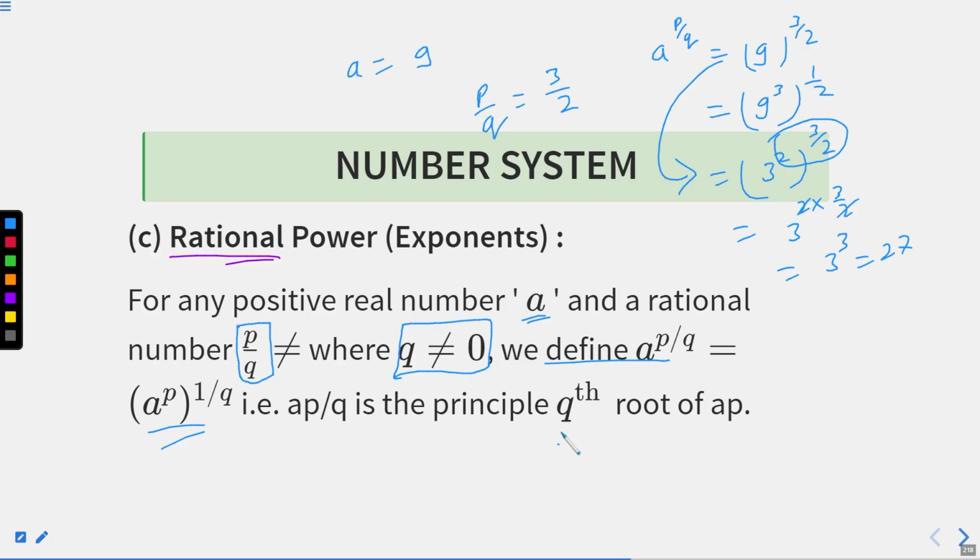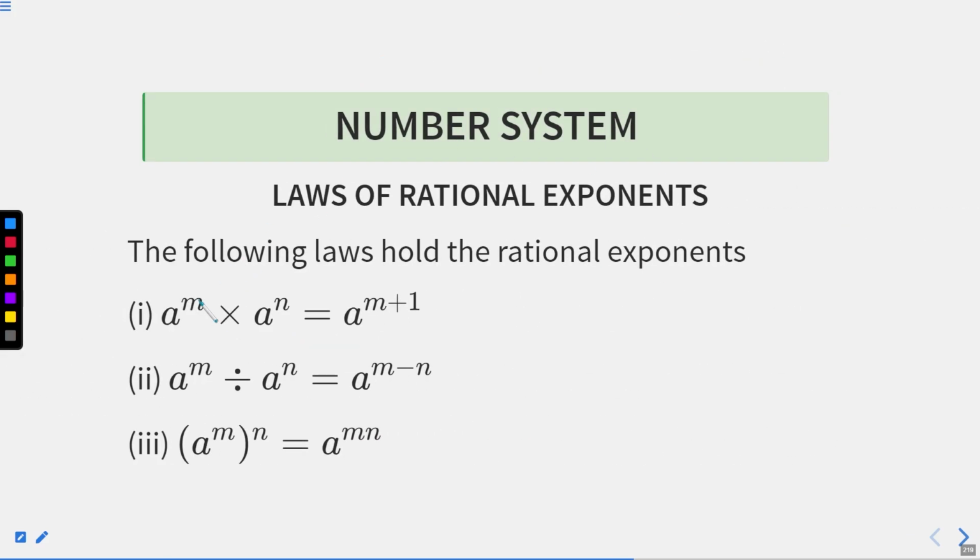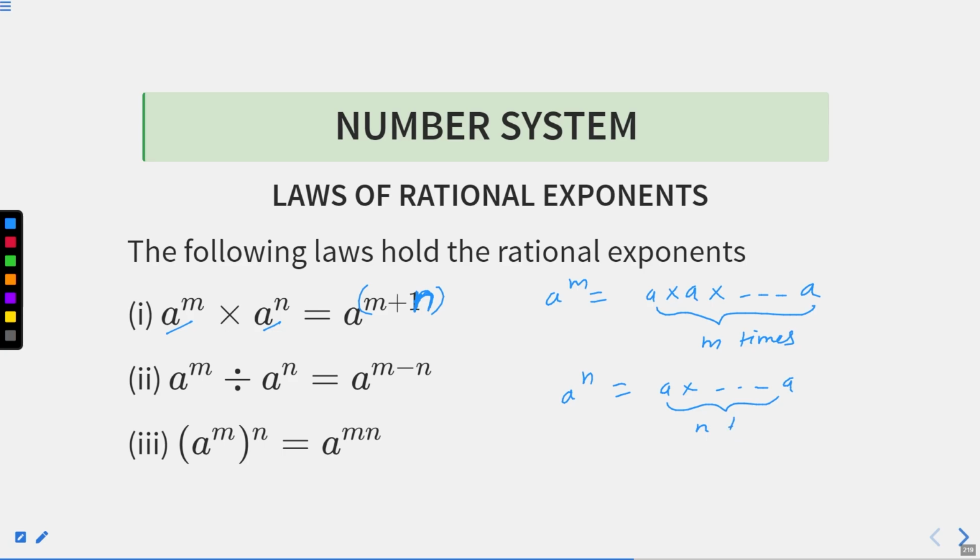Let's move further. Here are some laws which we will use or had already used. This must be n: a^m multiplied with a^n is a raised to the power m plus n. a^m is a times a, till a, m times. In a^n, a is multiplied n times.